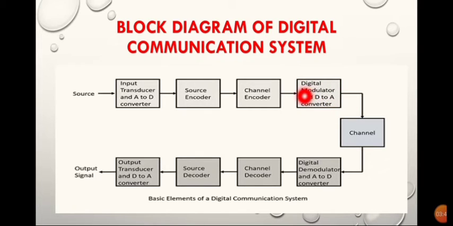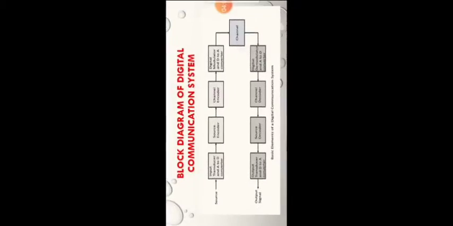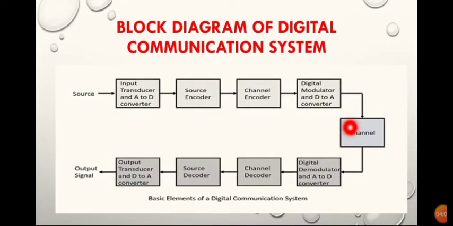Now as we are again studying the digital communication system, up to here we have the digital information with us. Now by using a digital modulator, we are going to transmit the information through the communication medium. According to the type of communication, the media may be wire or wireless. Okay.